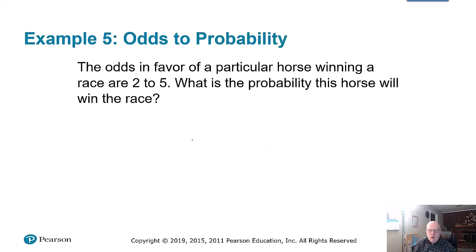So let's look at a horse. Okay, we're going to the racetrack, and the odds in favor, remember this is in favor, so it's E to E prime, is 2/5. What's the probability the horse will win the race? Well, the probability of 2 needs to go on the top.